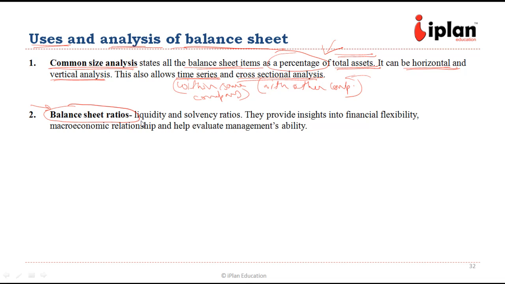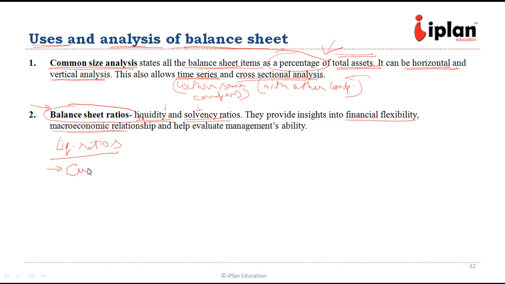Another way of looking at the balance sheet is based on balance sheet ratios. There could be various types of ratios which are calculated from the balance sheet. One could be liquidity, another could be solvency ratios. They give an idea about the financial flexibility, the macroeconomic relationship, etc. regarding a particular company. So let us take an example of a few liquidity ratios.